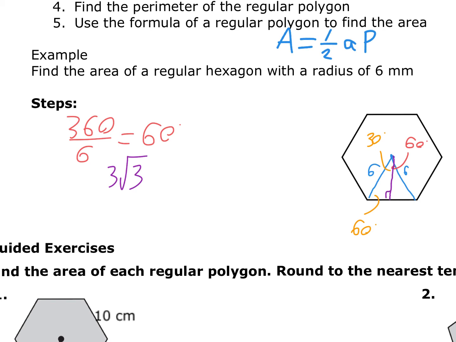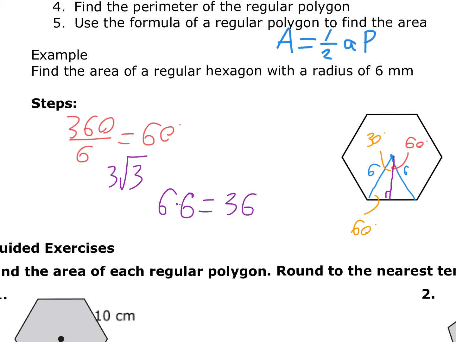Our perimeter is going to be 1, 2, 3, 4, 5, 6 sides. Each side here is going to be 6 millimeters as well. So 6 times 6 equals 36.